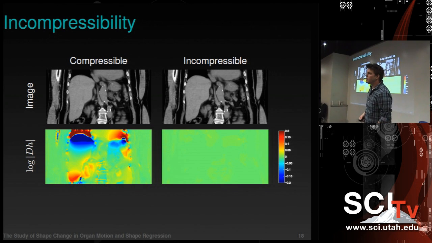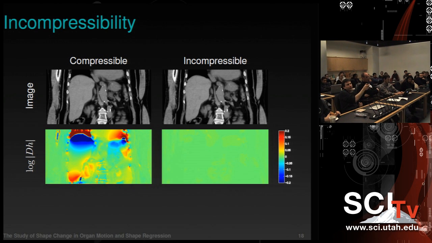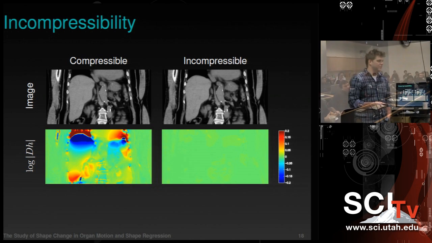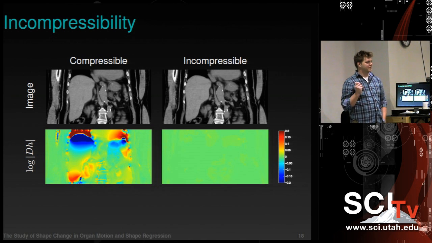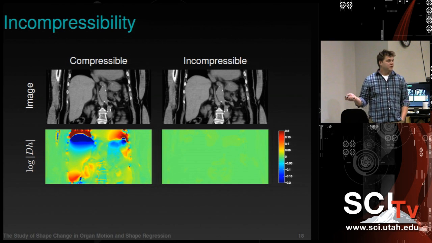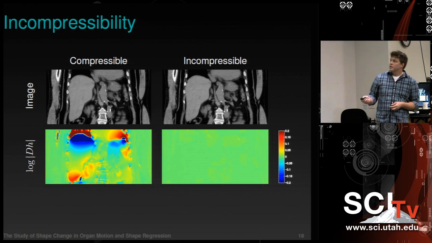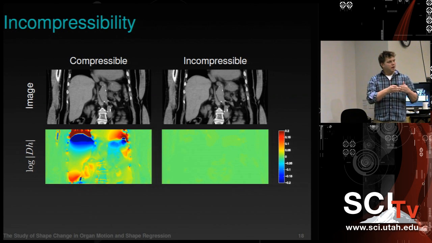Do you have to enforce that it's incompressible on the whole image, or can you do it just in the liver? Say the liver and the lungs in the same capture. That's a great question. One of the reviewers on the journal version of this brought that up. In our current version, we do have to enforce it over the whole domain because we do it in Fourier domain. But recently we've implemented a version where we do a thresholding on the actual base image and then propagate that forward.